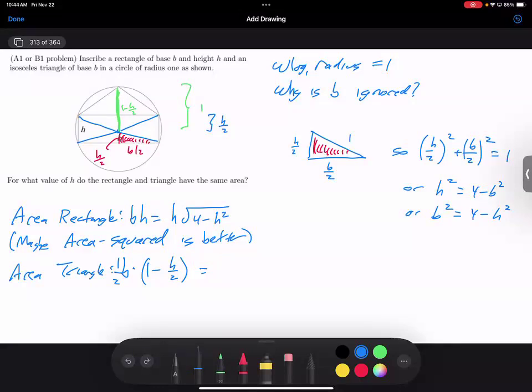Probably h is good. So now if I go to the area of the triangle squared, that's going to be 1/4 b squared times 1 minus h over 2 squared. But what's b squared?